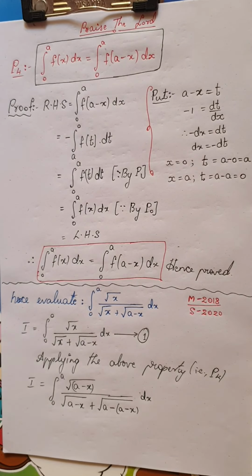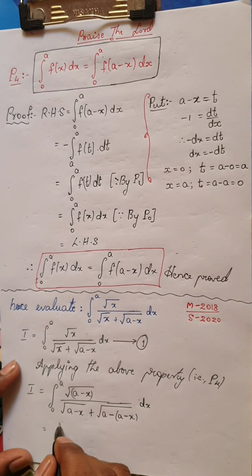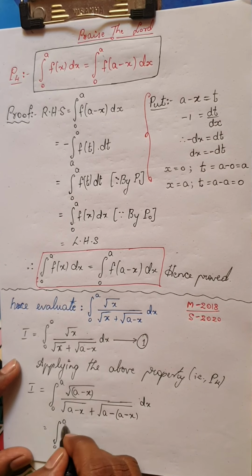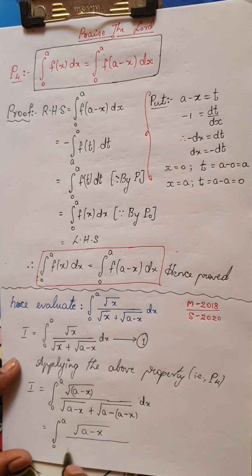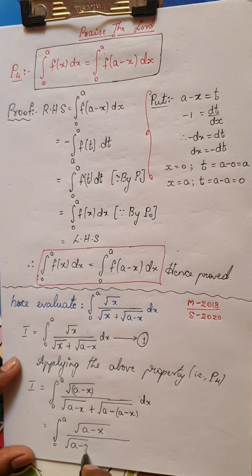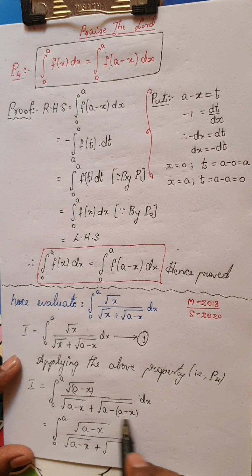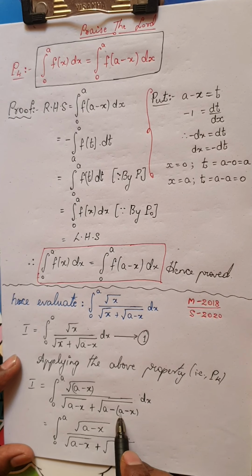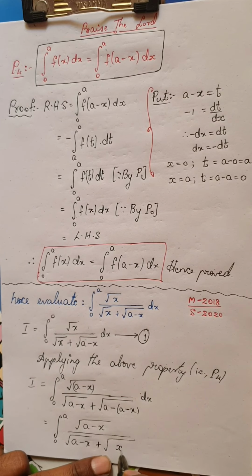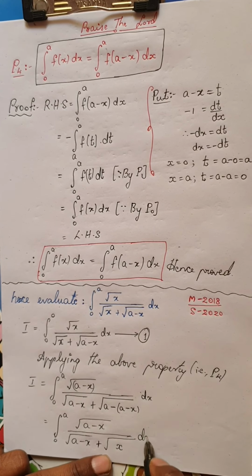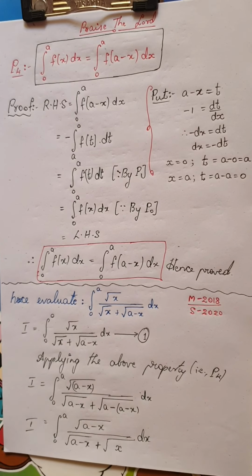This is nothing but integral 0 to a root of a minus x divided by root of a minus x plus root of, remember now if you remove the bracket, a and minus a will get cancelled and minus of minus becomes plus, x, dx. This is again integral I.